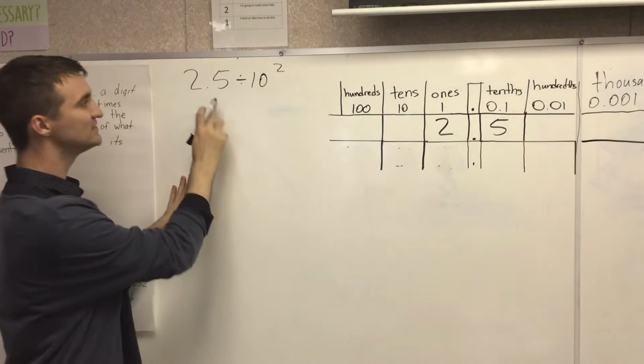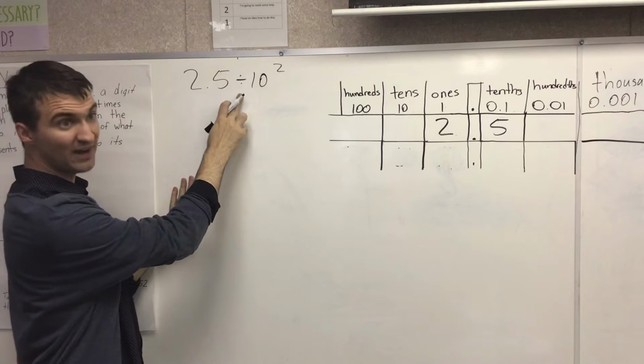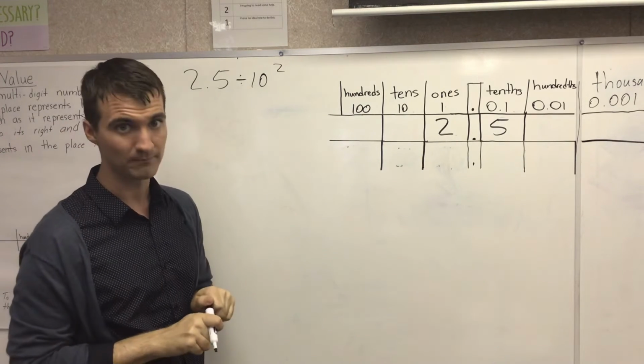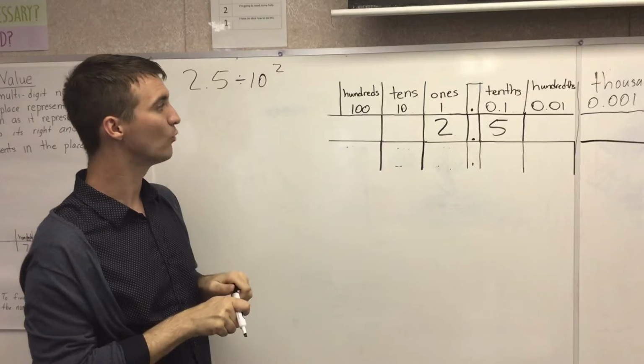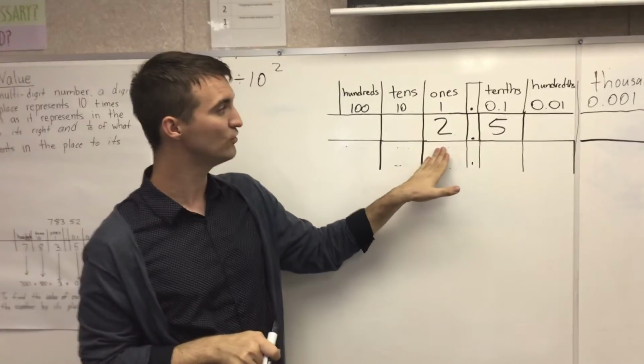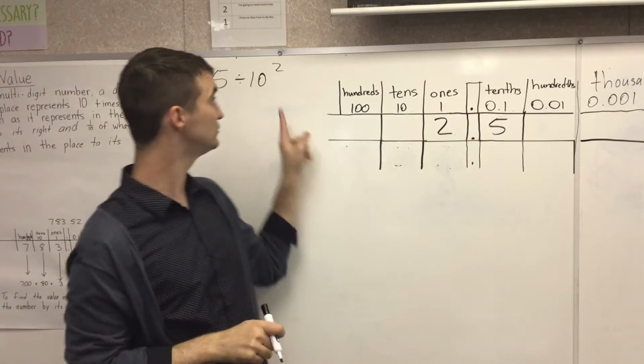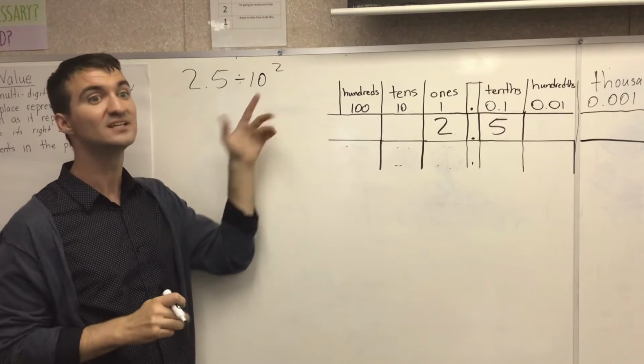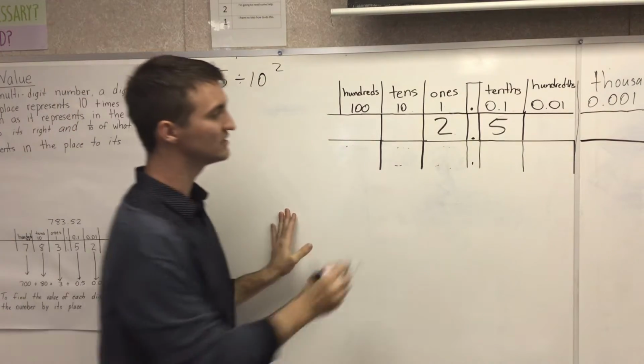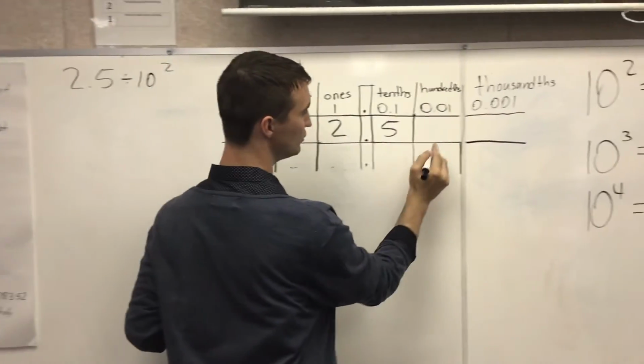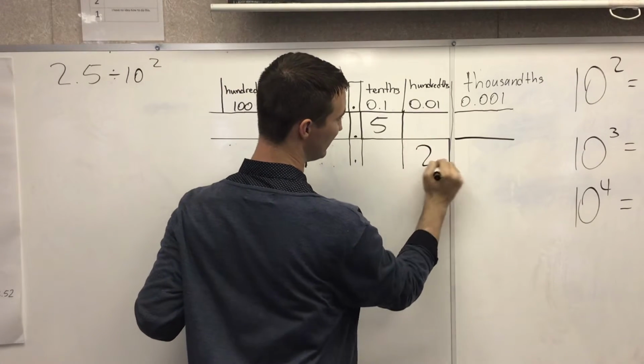Now, I'm going to take 2.5 again. This time I'm dividing it by 10 to the second power. And so we're going to take our numbers here and move them back 2 places because it's 10 to the second power. So I'm going to take my 2, go 1, 2, bring it right down here.